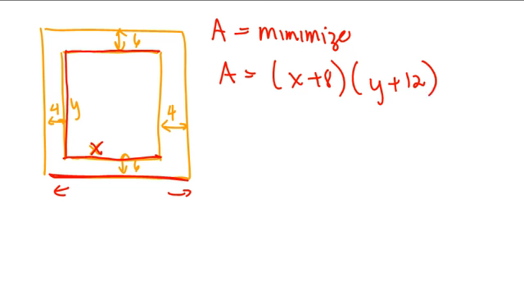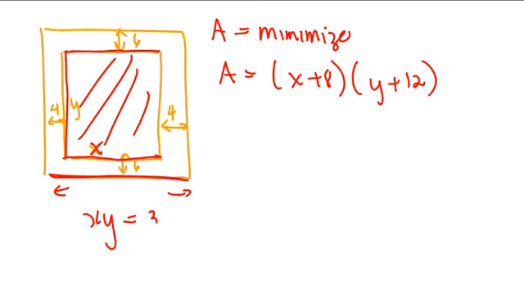Next step is you should try and reduce one of the variables, and the question tells you that the inside area is 384. So this area right here is 384. So x times y is 384. And that allows me to reduce one of those variables.